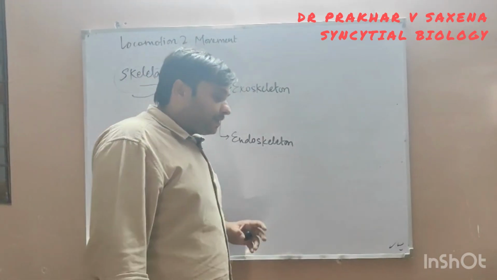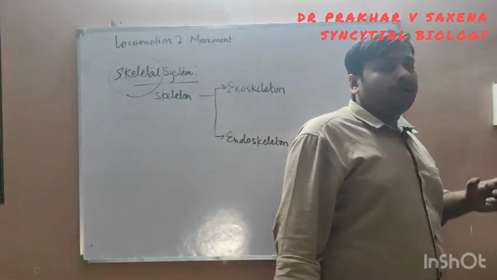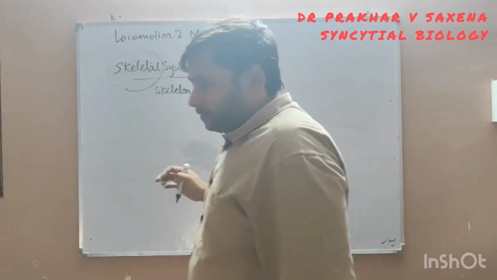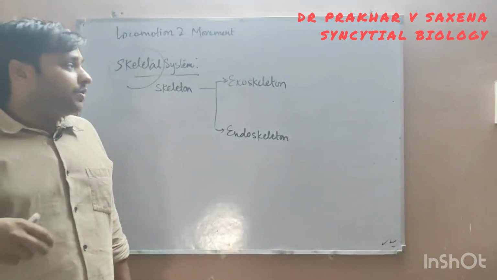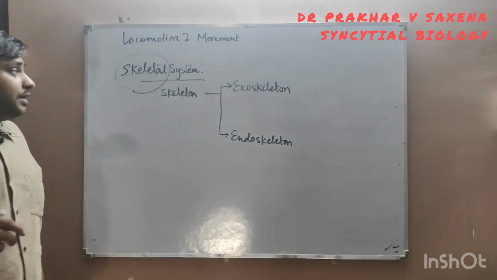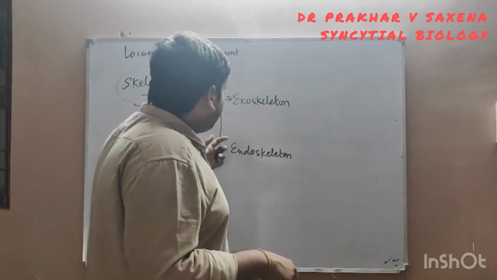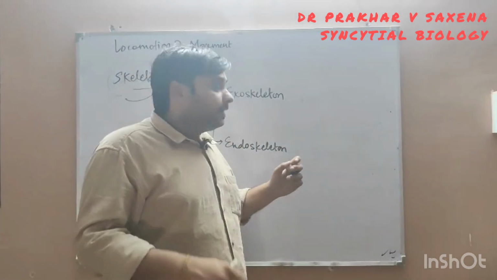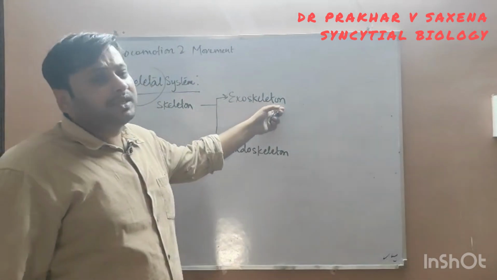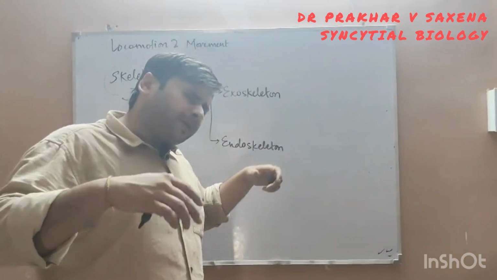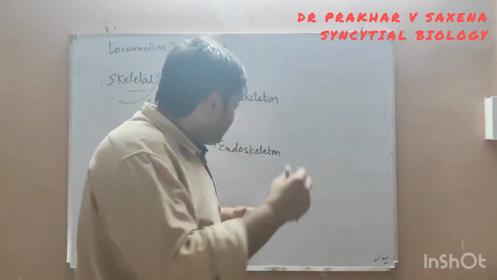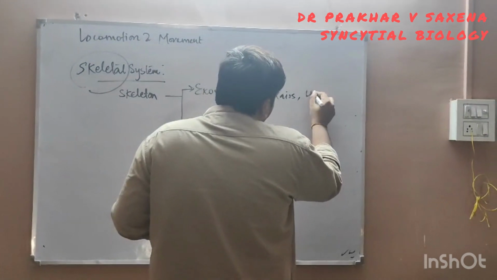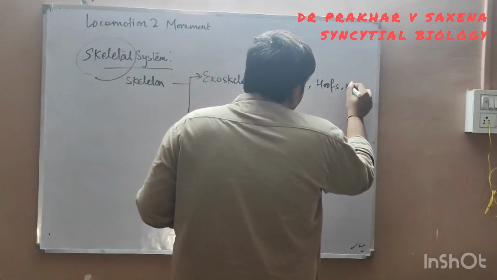Now, a common question arises: from which embryonic layer does the exoskeleton or endoskeleton arise? If you want to answer that question, it is pretty simple. You need to know where the exoskeleton or endoskeleton are situated. As the name suggests, exoskeleton is outside the organism's body, like hair, hoofs, nails.